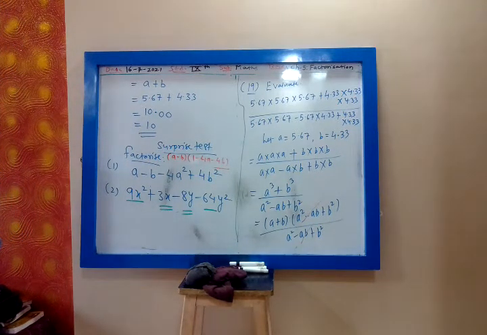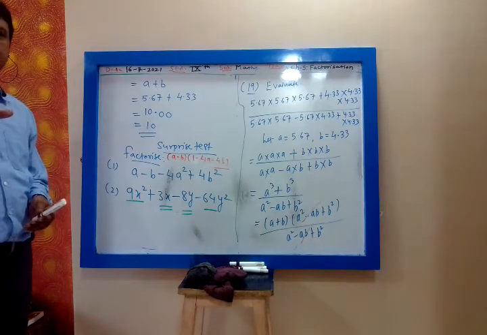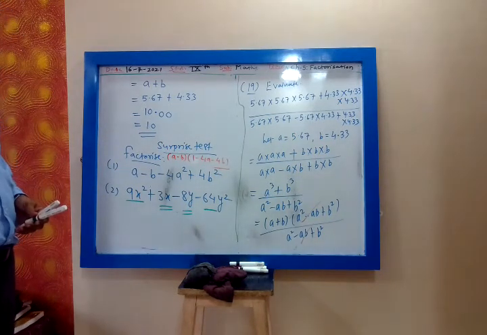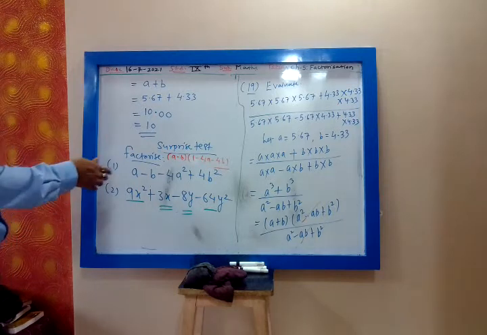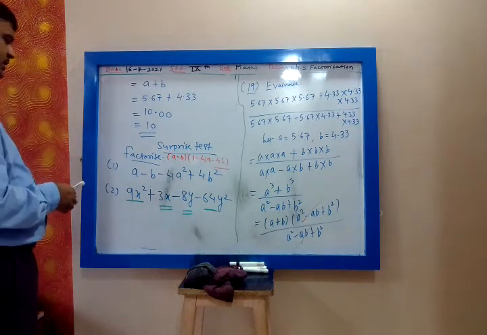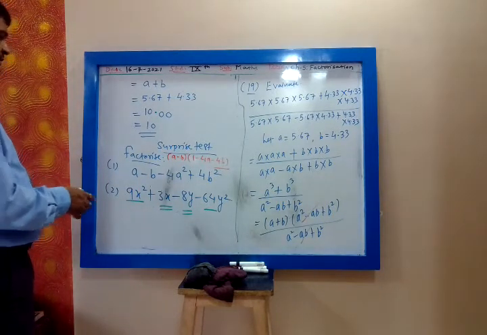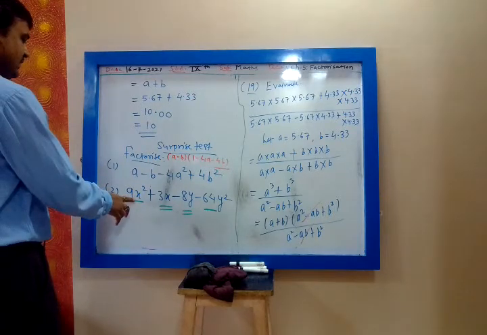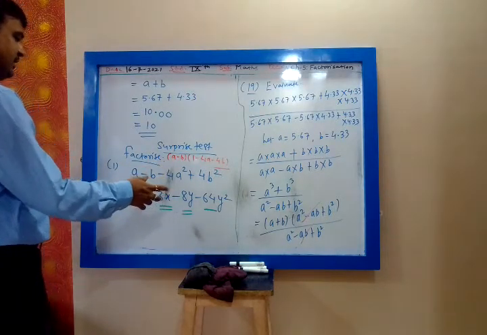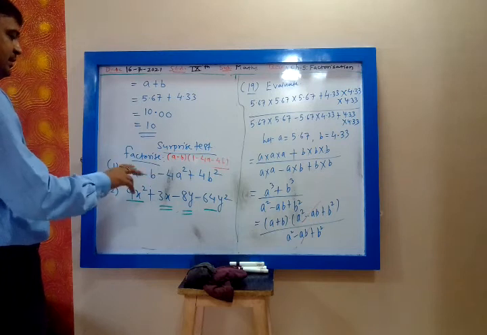3x minus 8y into 3x plus 8y plus 1. Okay, 3x minus 8y you will take common. So this will be 3x plus 8y into 3x minus 8y.